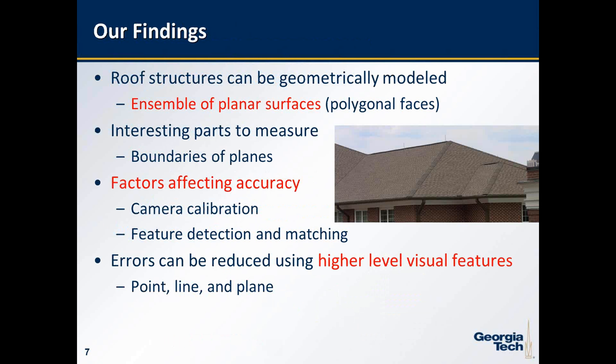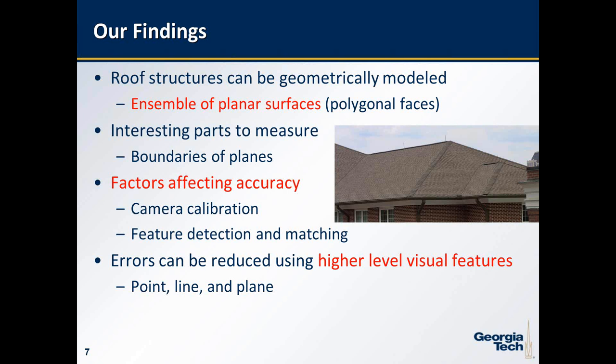Our findings so far in this process for measuring roof structures are the following. First of all, roof structures can be geometrically modeled as an ensemble of planar surfaces. These planar surfaces are usually polygonal faces.